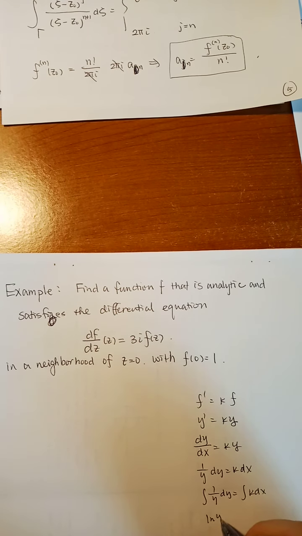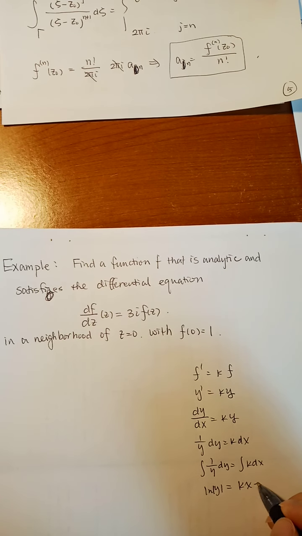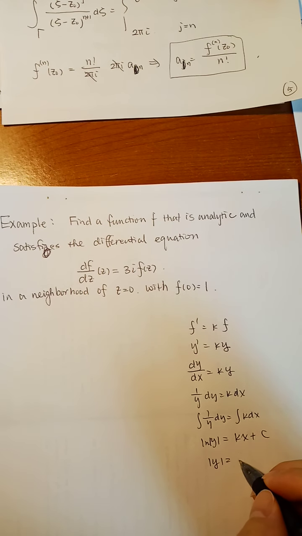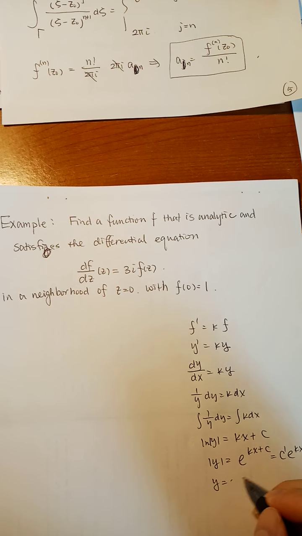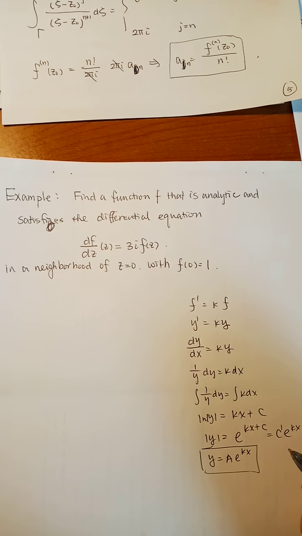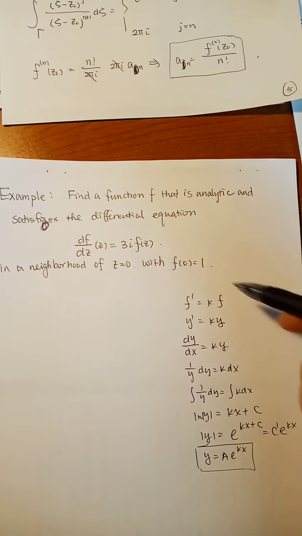This is natural log of y is kx plus c. So the absolute value of y is e to the kx plus c, which is c prime e to the kx, and with plus or minus, you get this solution. So this is the way to find exponential growth or exponential decay.